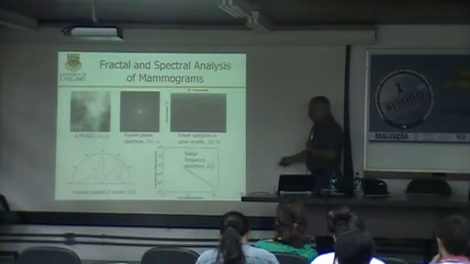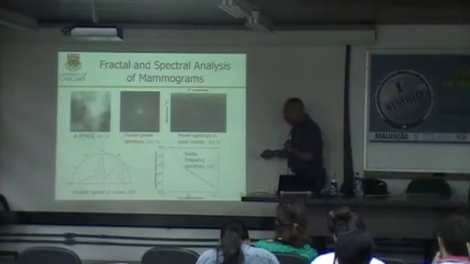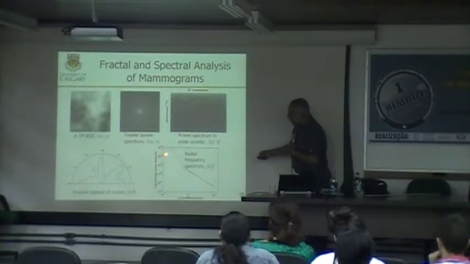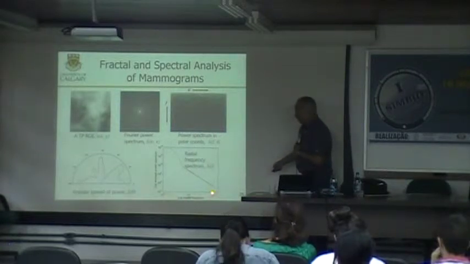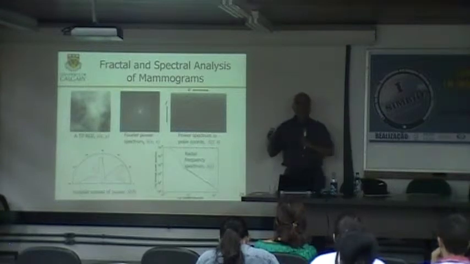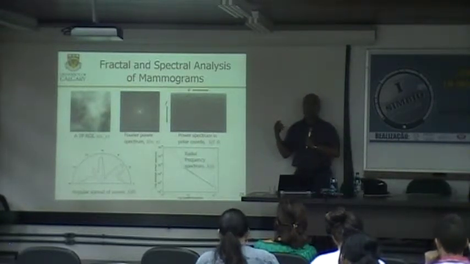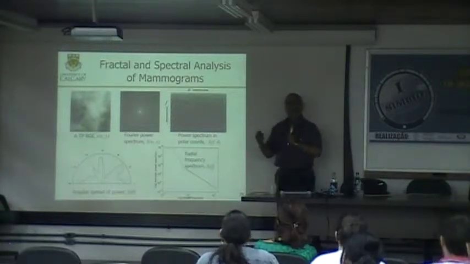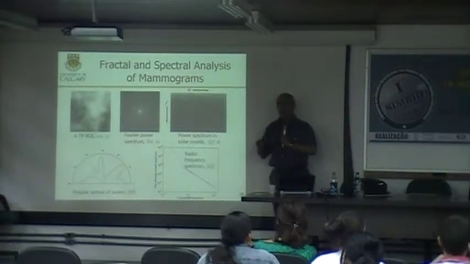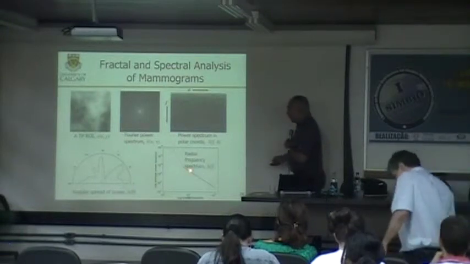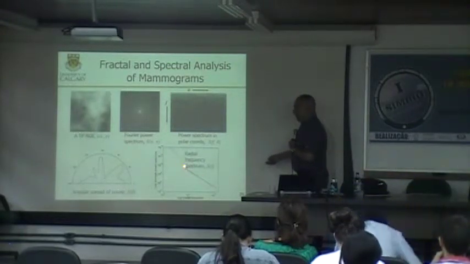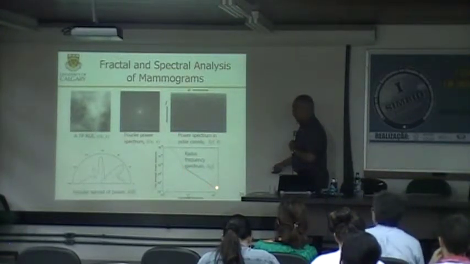And here, taking the radial frequency in one dimension, there's only one frequency here, and plotting log spectrum versus log frequency, if there is a straight line portion, that indicates this image has fractal property. Fractal based on the fractional Brownian motion, 1 over f model. 1 over f is this spectrum reducing with frequency.